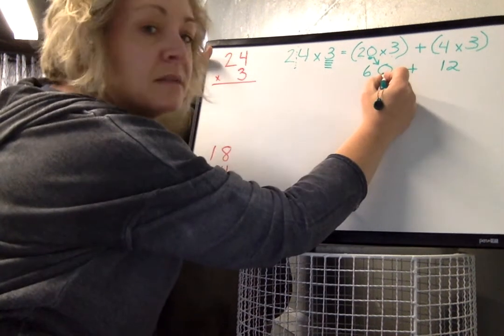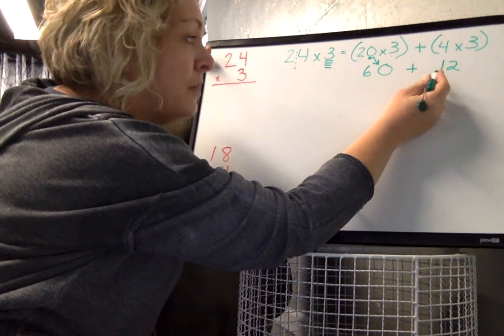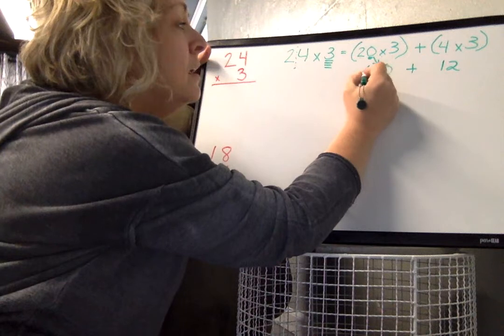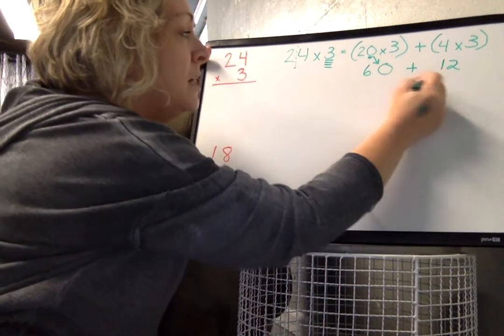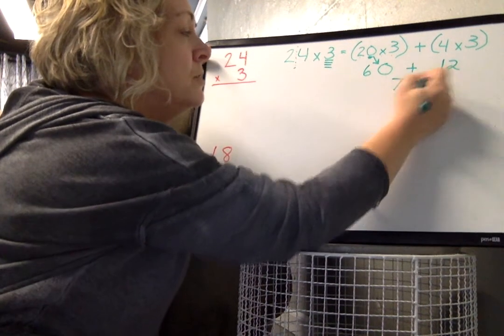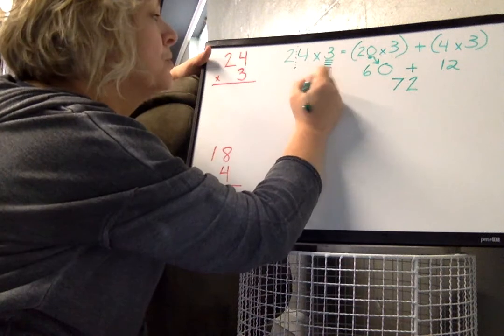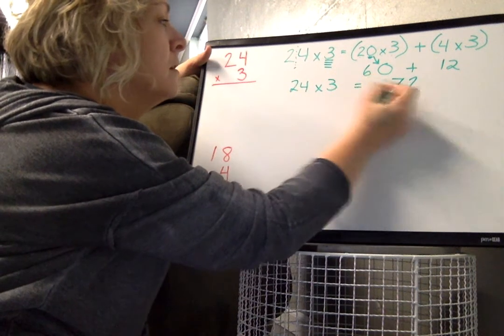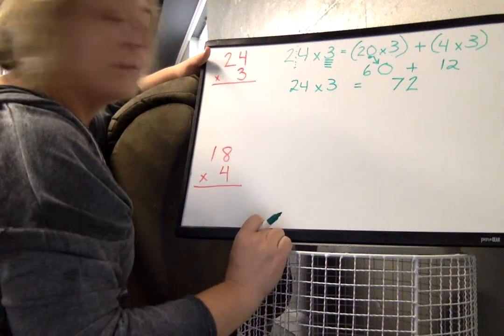And we add 60 plus 12. I remember Rhodes knows these quick. So add our 10, 60 plus 10 is 70, 0 plus 2 is 2, 72. So 24 times 3 equals 72.